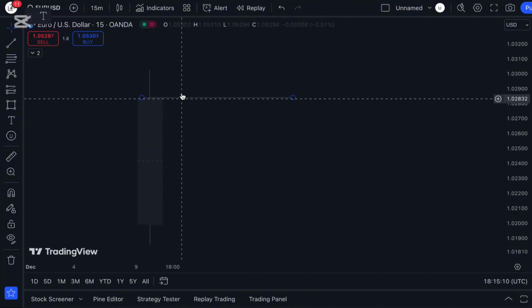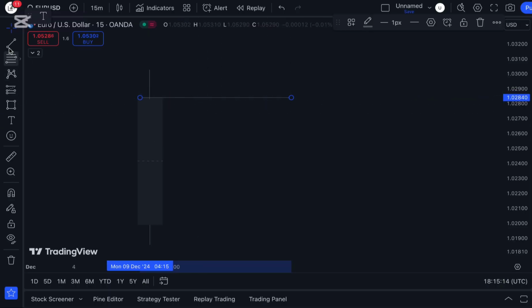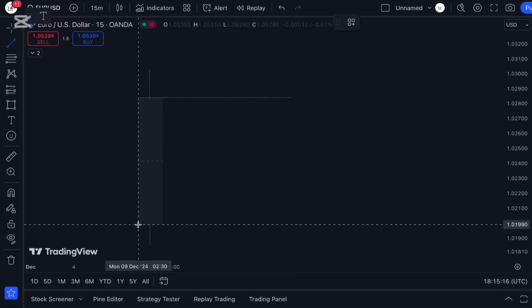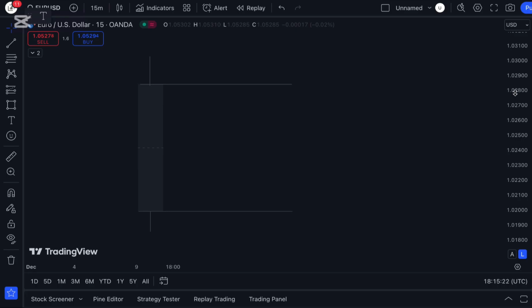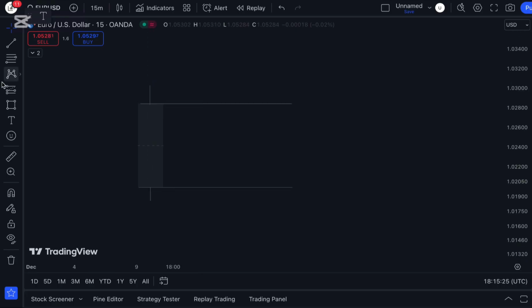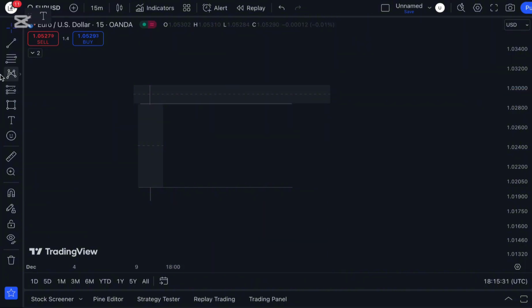So it's best that you mark, okay, the levels first with your horizontal lines. All right, you mark your levels first with your horizontal lines, and once you have marked them and you want to be sure that price should tap into those areas, then you can use your levels or your zones.